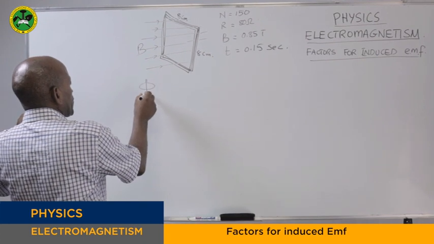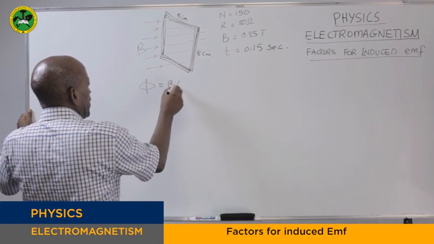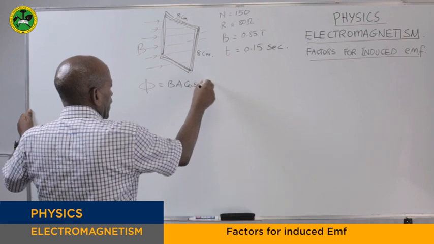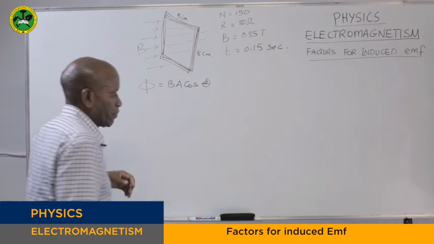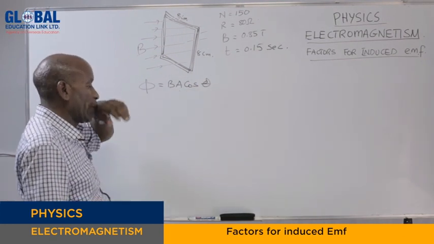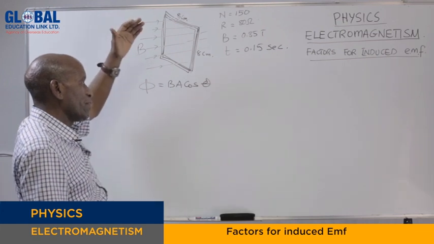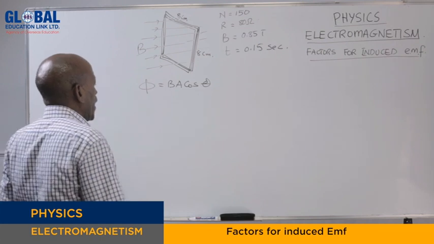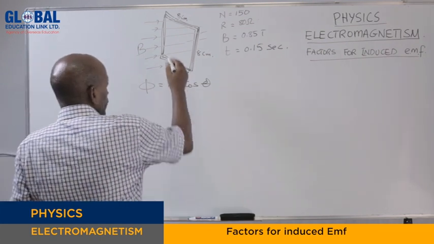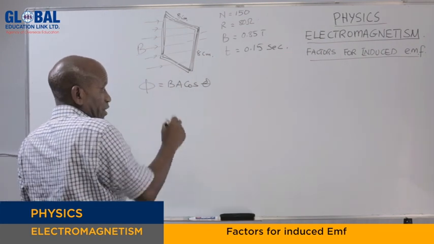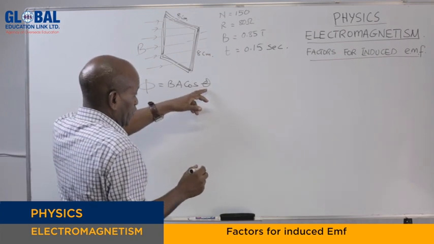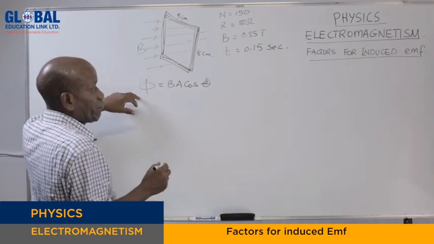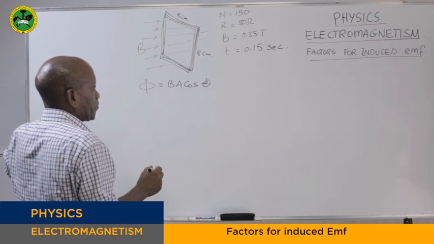The magnetic flux phi is always given by BA cos theta. The angle theta is the angle made between the flux and the plane of the coil. Whenever that angle is 0, the magnetic flux becomes maximum.